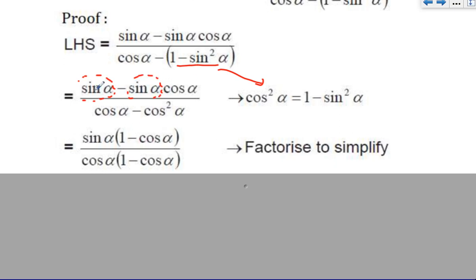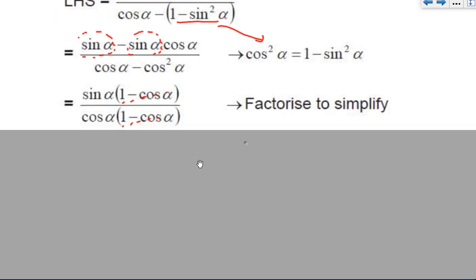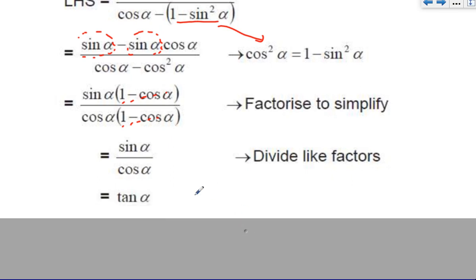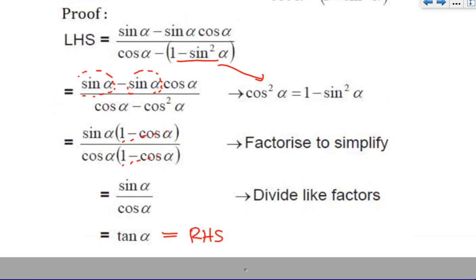When you remove sine alpha, you're going to get 1 minus cos alpha on top. And when you remove cos alpha here, you're going to get 1 minus cos alpha. And clearly, these two will cancel. Therefore, you're going to get sine over cos, and sine over cos is tan, which is the right hand side. So we proved our next identity. Not so bad after all.